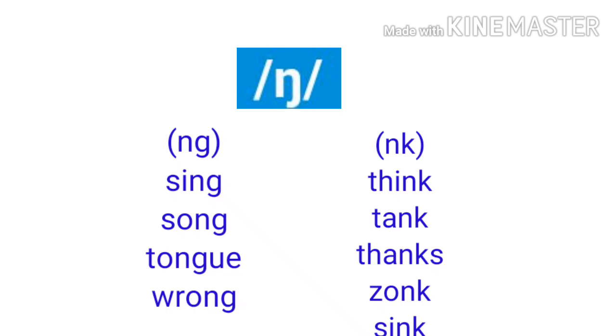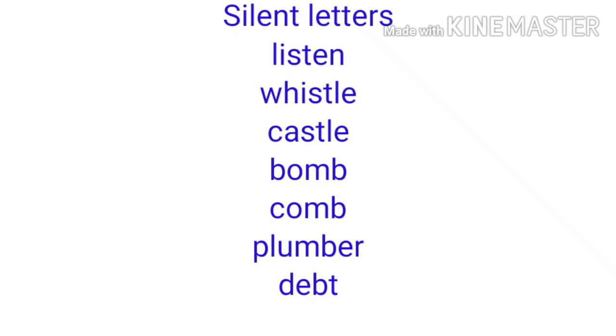The next tip I will give you is on silent letters. Examples of words that have silent letters are listen, whistle, castle. The T's are silent when you have S and T together in a word. When you have T and S together in a word, the T's are usually silent.